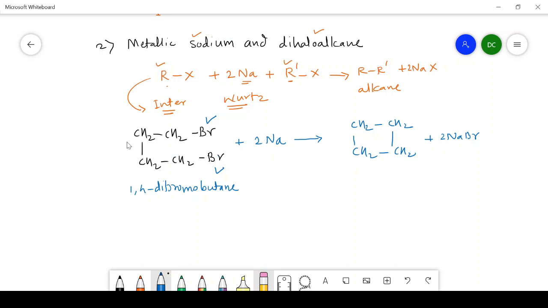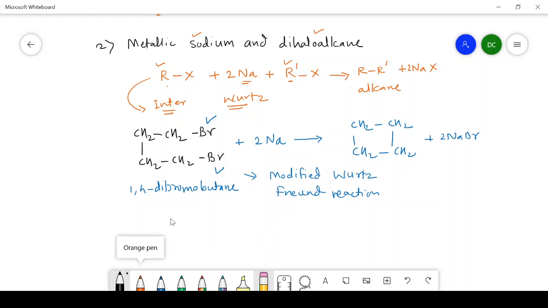So this is the famous Wurtz reaction, but it is a modified one. That's why it is also called the modified Wurtz reaction, or the Freund reaction. So keep in mind, a modified Wurtz reaction or Freund reaction is nothing but intramolecular cyclization of dihaloalkane to form a cycloalkane.